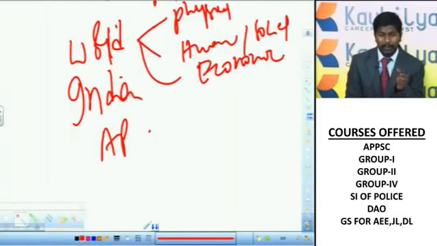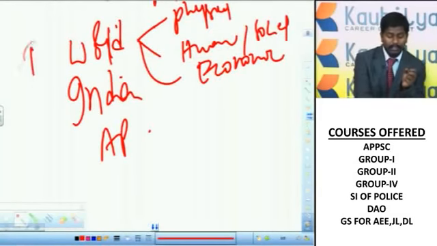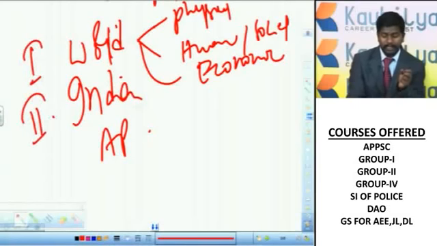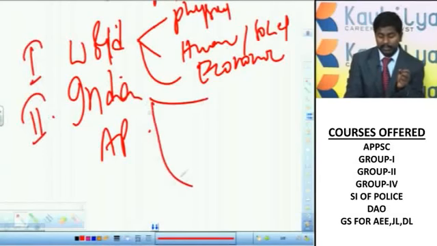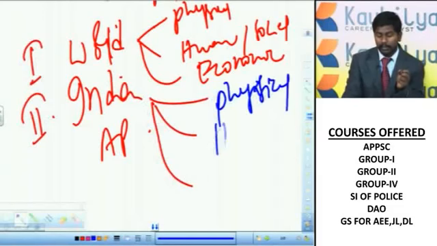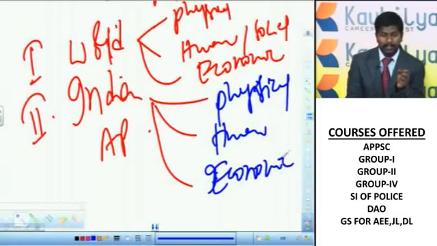These 3 are subparts of world geography. Then the second one is Indian geography. In Indian geography again there are 3 subparts: Indian physical geography, Indian human geography and Indian economic geography.